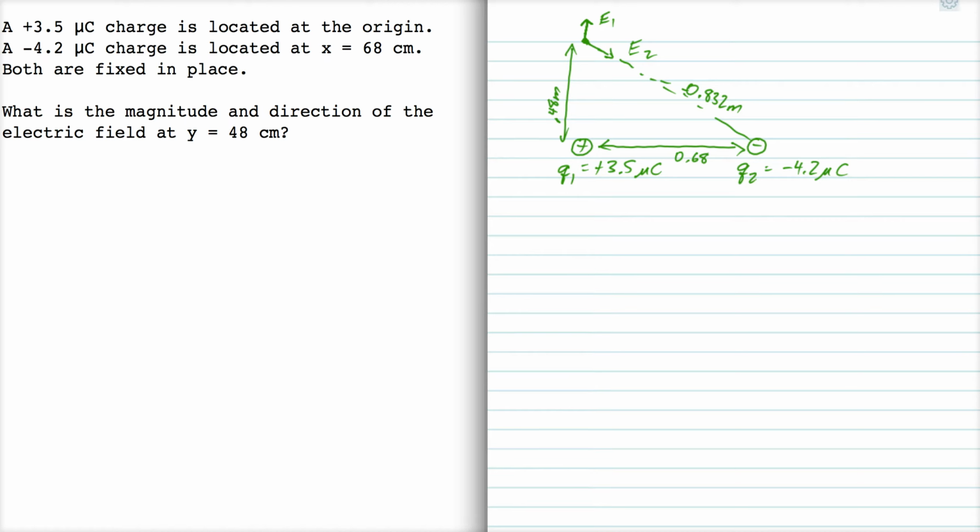This angle theta here is just a right triangle, so theta is the inverse tangent of opposite over adjacent, which is 35.2 degrees, and that means that that angle here is also theta.